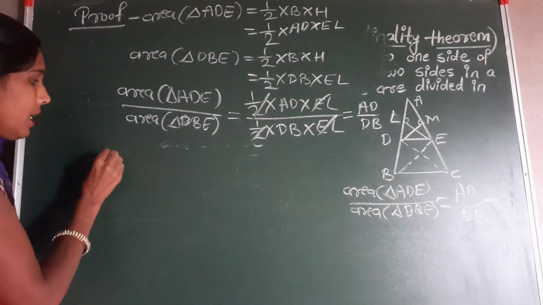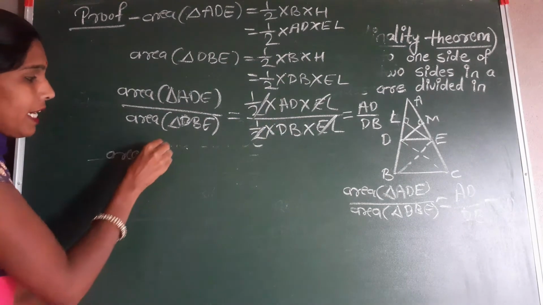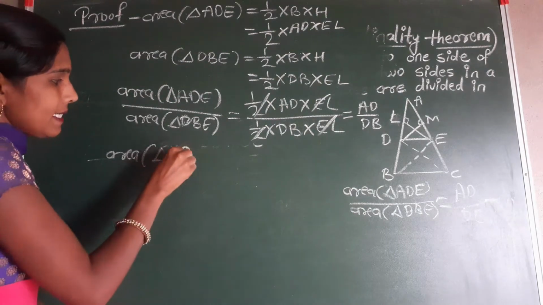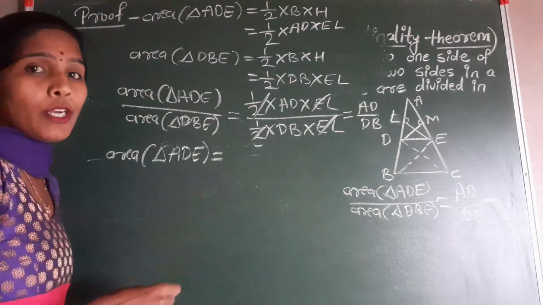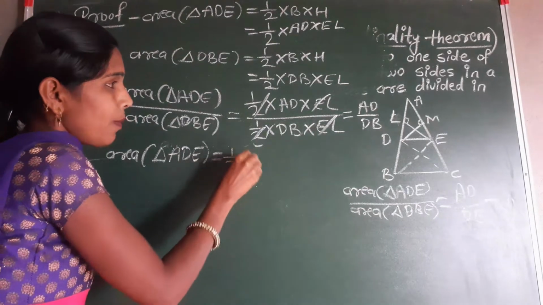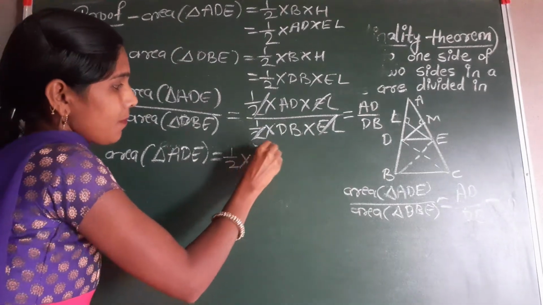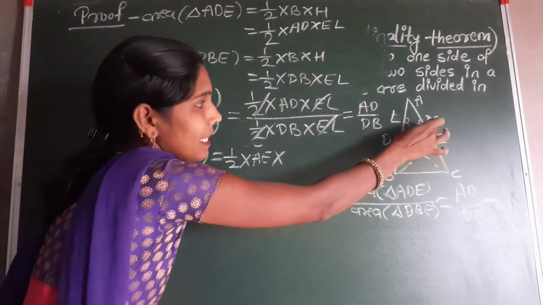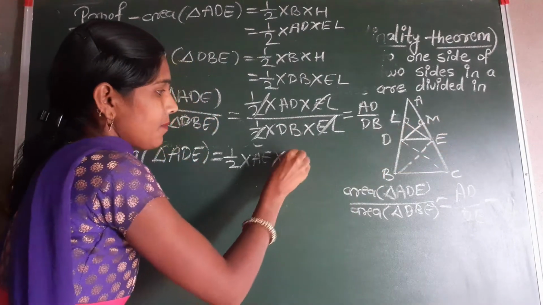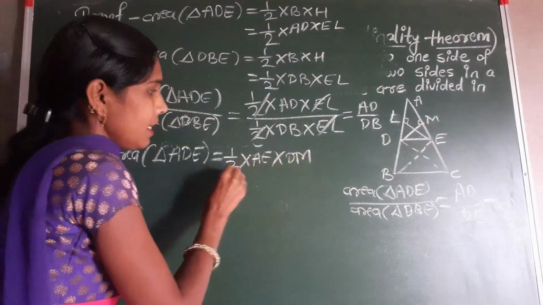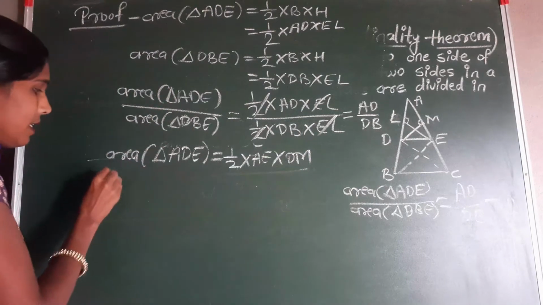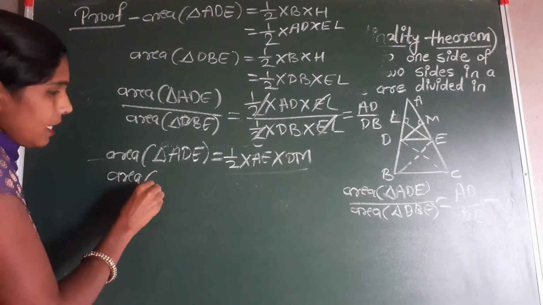Next, what we want? AE. Area of triangle ADE, same. We know that 1/2 base into height. So 1/2, base is AE and height is DM. Next, what do we want?